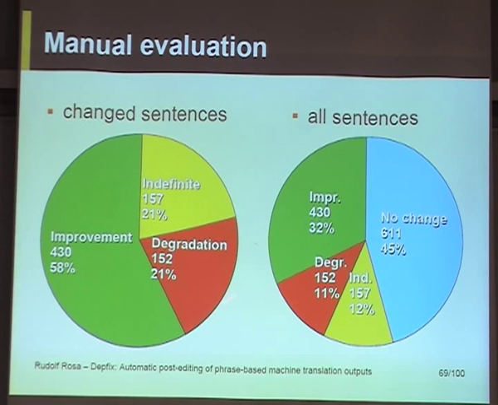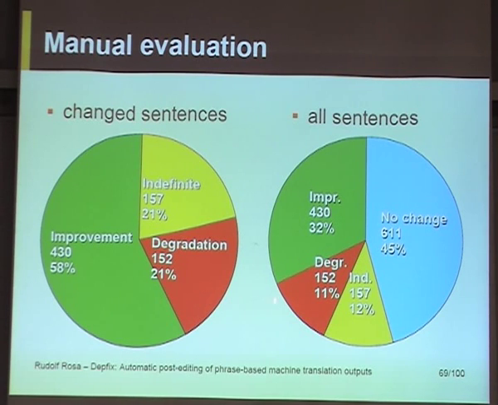So this is the evaluation of the whole DEPFIX system as I showed it. The annotators got about 1,000 sentences which went through DEPFIX, so they were corrected. You can see that about 1/3 of them were not corrected, maybe because there was no error in them, or maybe because DEPFIX didn't find the error.